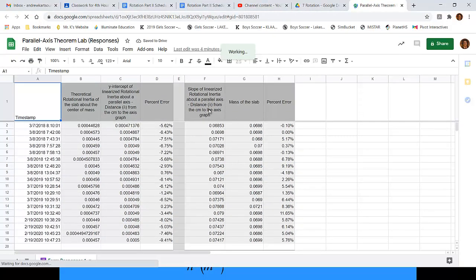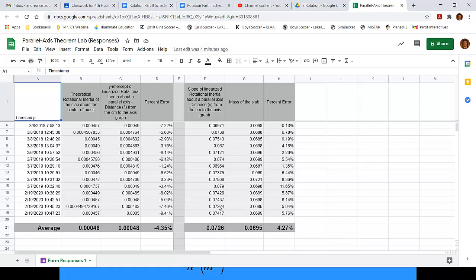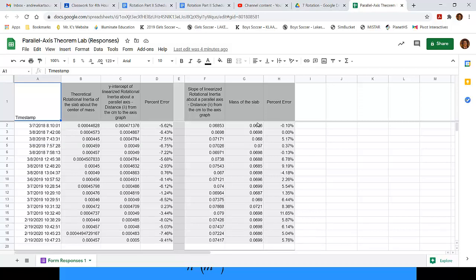So let's first look over here and let's look at the slope. So here are all the slopes. This is actually several years worth of data. Here are all the slopes, and you can see that they are in the ballpark with one another. On average, they are about 0.0726. And they have units of kilograms.